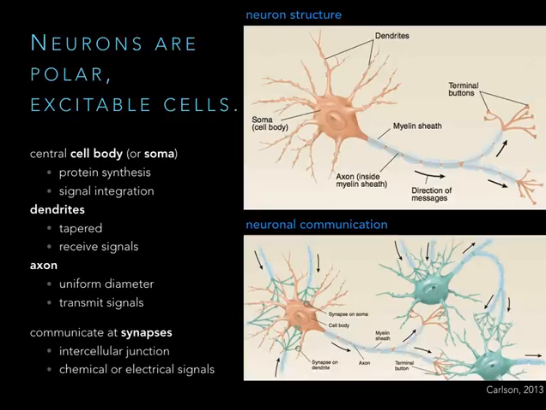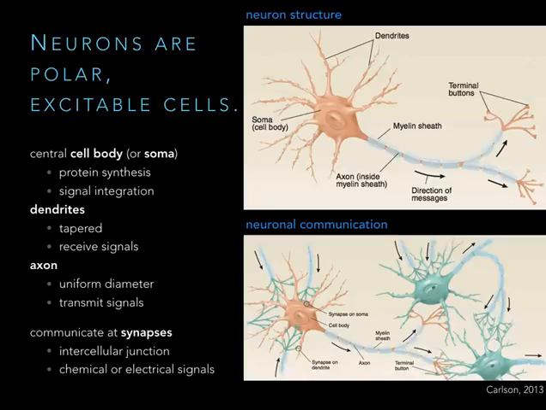Okay, so the dendrites are these little tapered extensions that are typically responsible for receiving the synaptic input for a neuron, although synapses, as we'll see, can form on axons and they can form on cell bodies as well. But we tend to think of them on dendrites because dendrites have such a huge surface area.